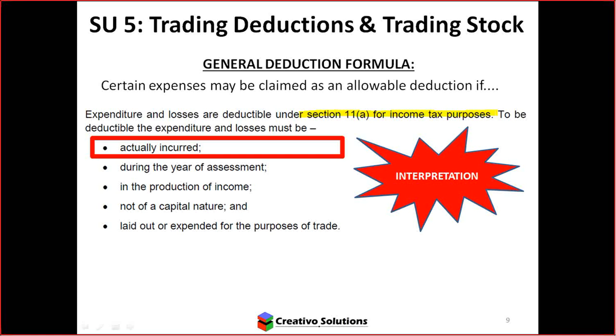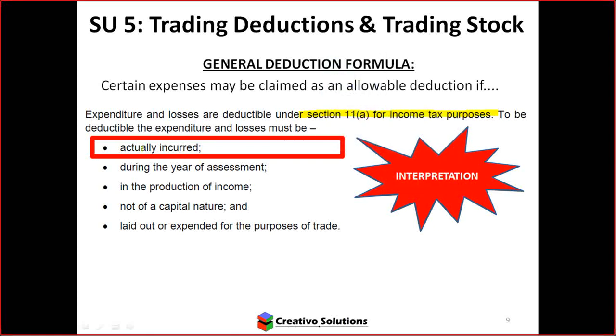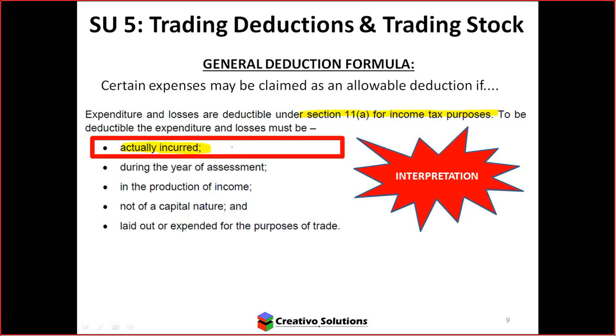Yes, sir. Okay, so the first one is actually incurred. Do you know what that means from accounting? I believe that you incurred it within the period, the year of assessment, almost to say, irrespective of when you got the benefit.